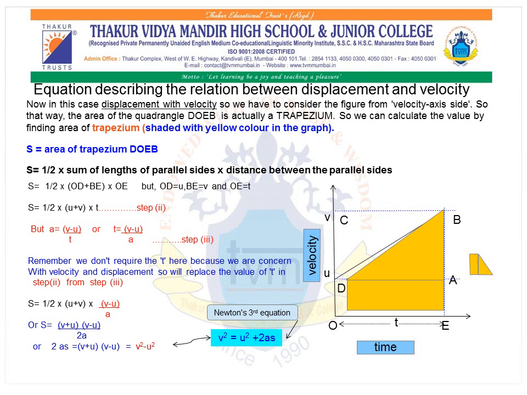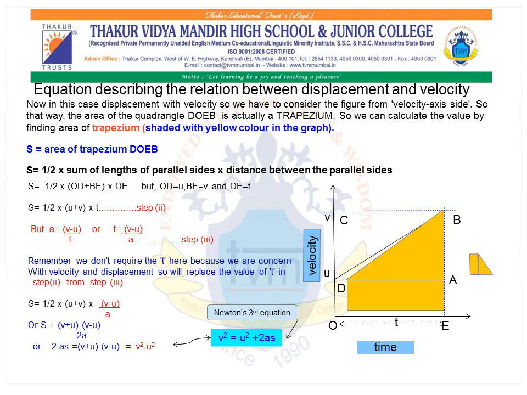Third equation of motion, that is the equation describing the relation between displacement and velocity. Here we'll not talk about time. So now in this case, displacement with velocity, so we have to consider the figure from the velocity axis side, so that you just see the figure alongside, meaning the area which falls between the velocity axis and its projection, line BE.